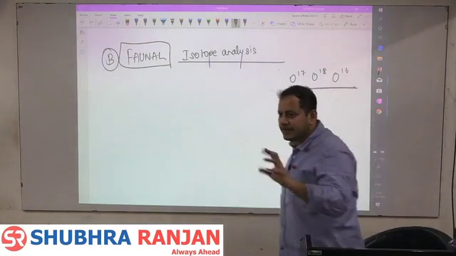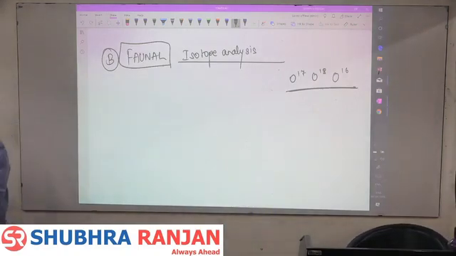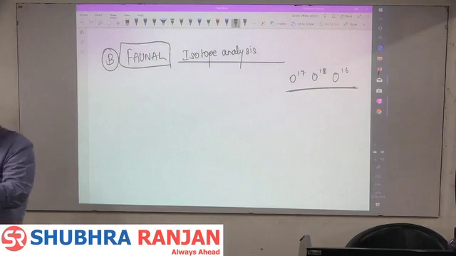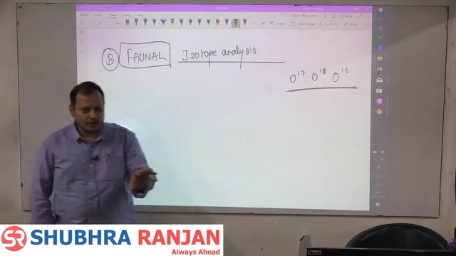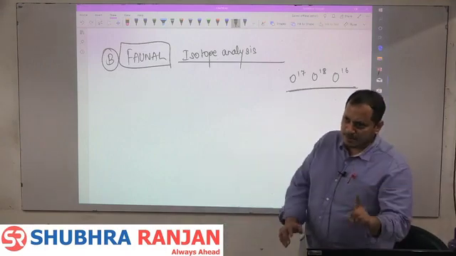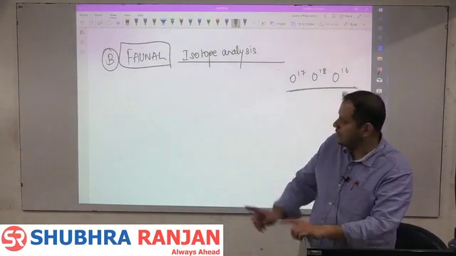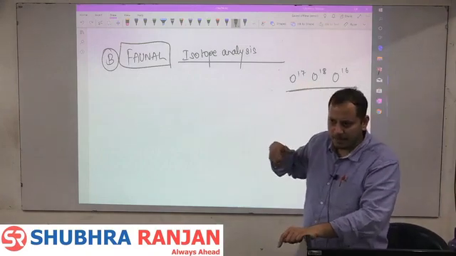What do you mean by isotope analysis? No need to write, just try to understand. There are three isotopes of oxygen in our body: O17, O18, O16. When we die, these oxygen isotopes will be released by our body. But depending upon hot climatic conditions, O18 will come out first.